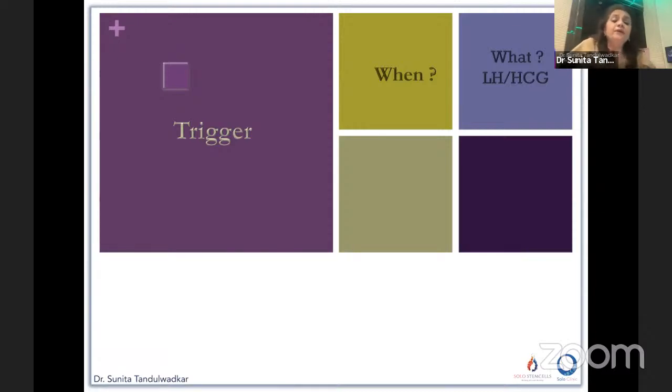Now, do people give an LH trigger? What is the difference between an LH and an hCG trigger? The LH has a very short half-life, just 24 to 36 hours, so you have to give good luteal phase support. While hCG has a half-life of 7 days, so it can work as luteal phase support.